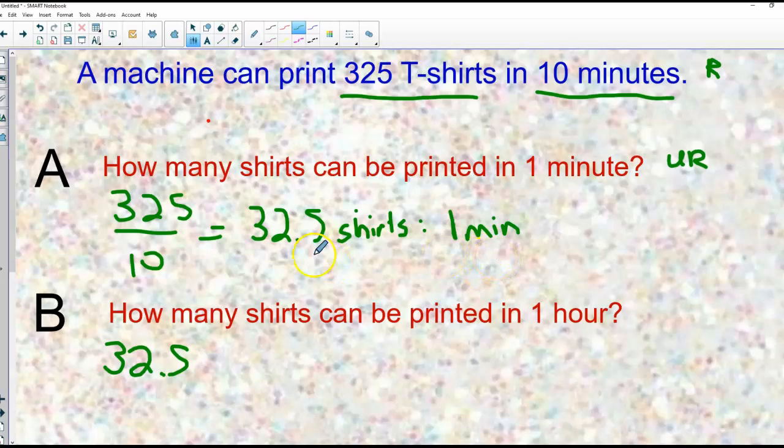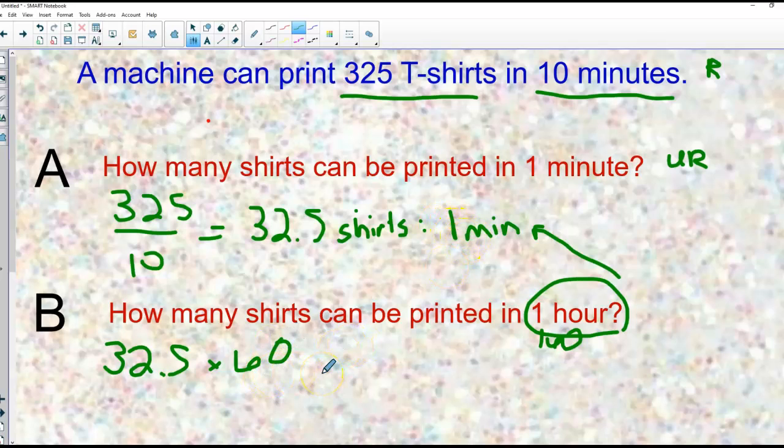And if that's what I do in 1 minute, I should be getting more in an hour. So although this says 1 hour, we need to change this a little bit to minutes to match. So 1 hour is 60 minutes, right? So now let's multiply by 60 because we're talking about minutes, right?